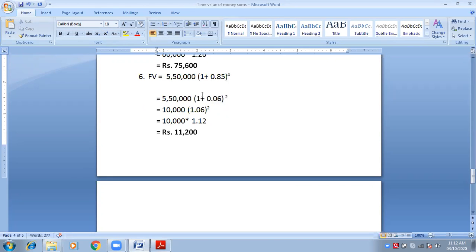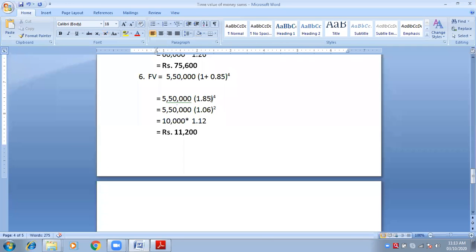Write down the same 5,50,000. Now, inside the bracket, 1 plus 0.085, which is 1.085. Is it correct? Please reply with yes or no. Yes, ma'am. So 1.085 raised to 4. Again 5,50,000 same.